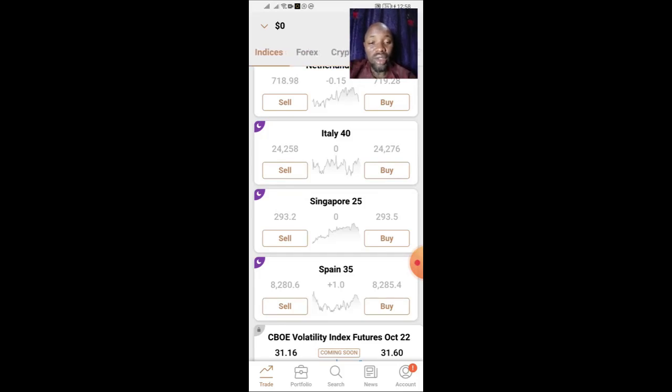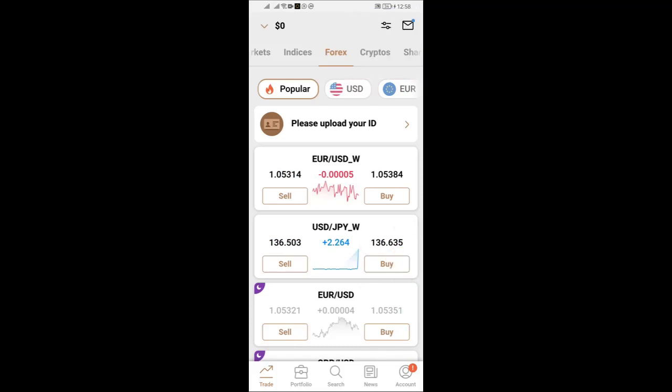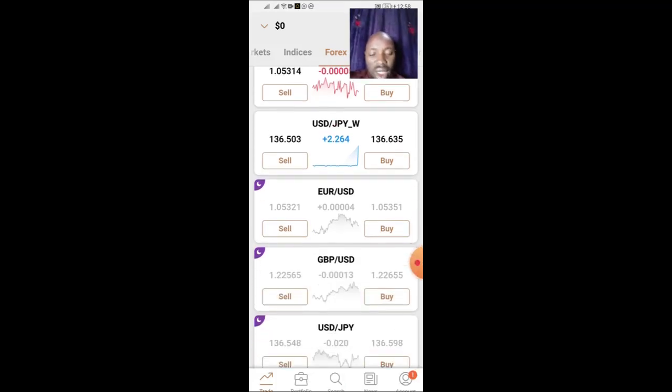Now, when we go under forex, you see that forex is just to trade currency pairs. Like, you can easily trade here. You see, you can easily trade Euro USD, USD Japanese yen, and most of them, when you check, they are blank because they are not being traded during the weekend.